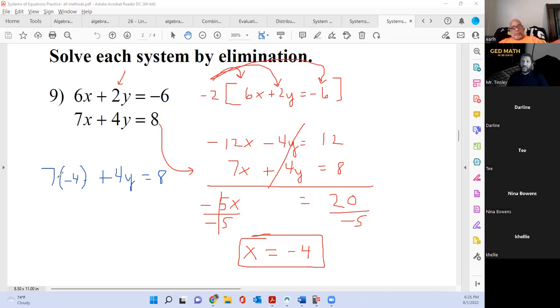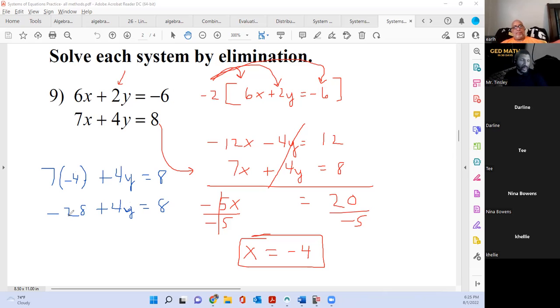We're going to simplify. What is 7 times -4? -28. -28 plus 4y is equal to 8. In order to get y by itself, what term should we get rid of first?